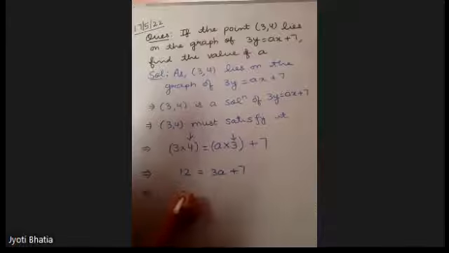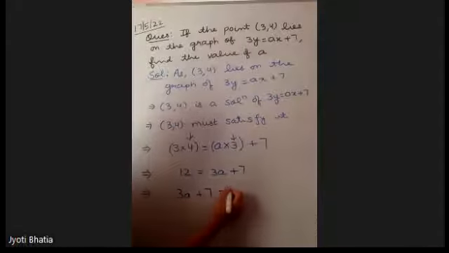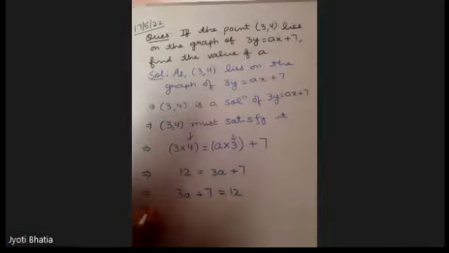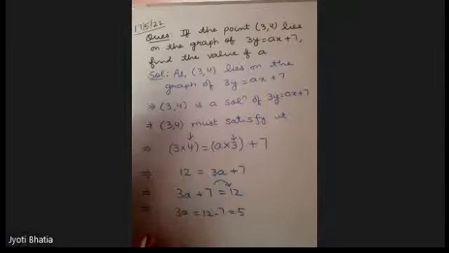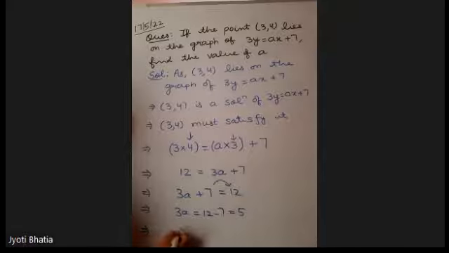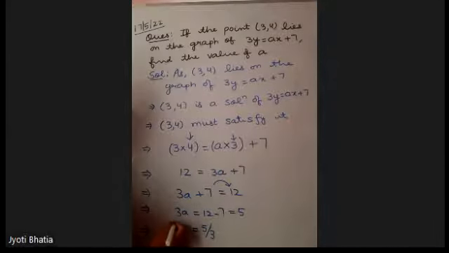Please rearrange so that you get the variable on the left hand side. So 3a is 12, and this 7 will go to that side, minus 7, which is 5. Can you tell me what should be a? 5 upon 3. Got it?